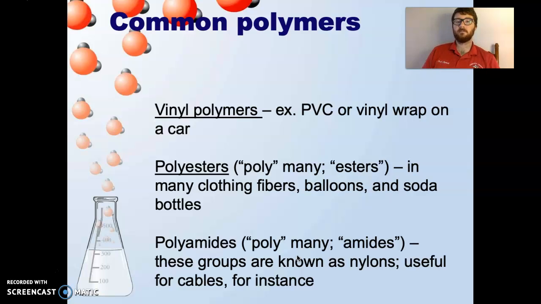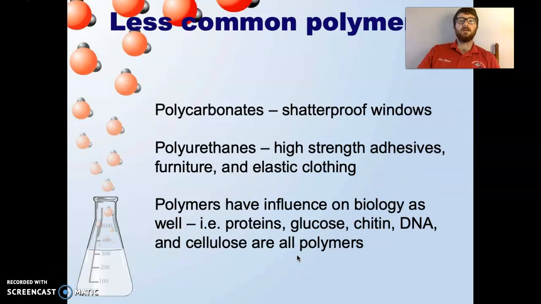Soda bottles, same thing. Most of them aren't being made out of glass anymore. You do have some sort of polyester. Polyamides. These groups are known for nylons, cables, etc. So there are some pretty good uses of polymers. Some less common ones, polycarbonates, are made into shatterproof windows.